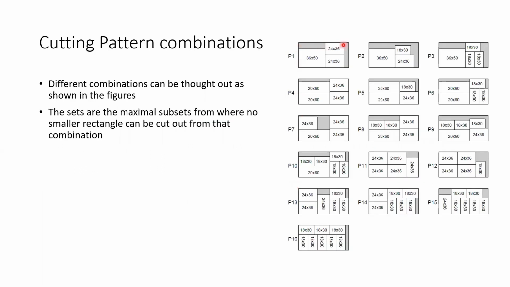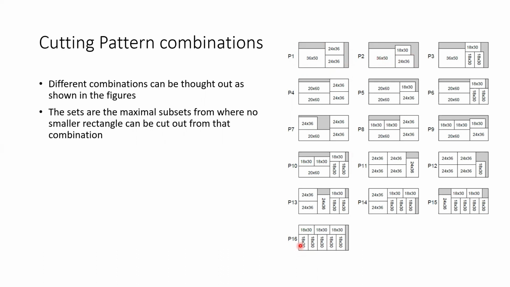So we list down the probable combinations in which the smaller sheets can be cut out from the larger ones. In pattern 1, there would be two 24 cross 36 that can be cut out and one 36 cross 50, leaving some unused sheet. In pattern 2, there would be one 18 cross 30, one 24 cross 36, and one 36 cross 50.